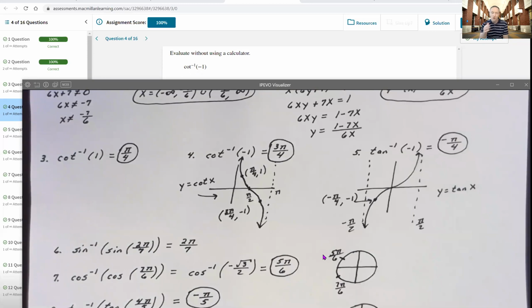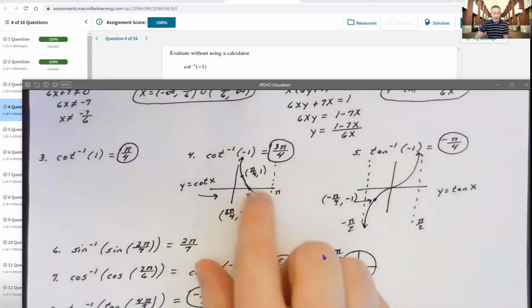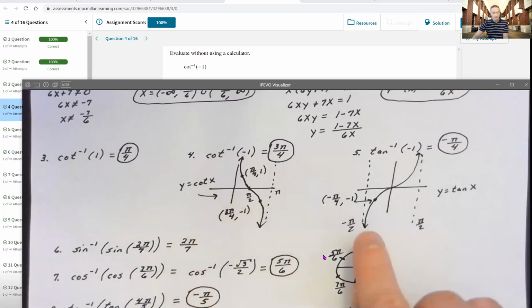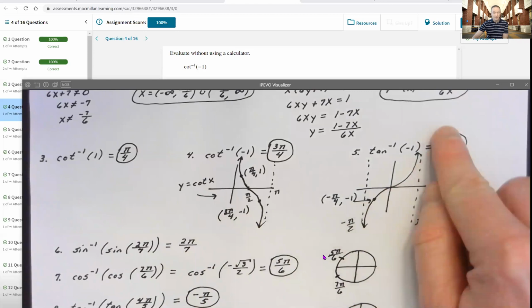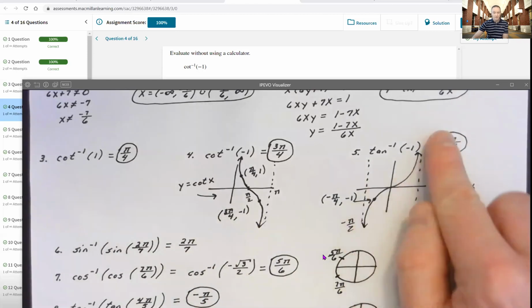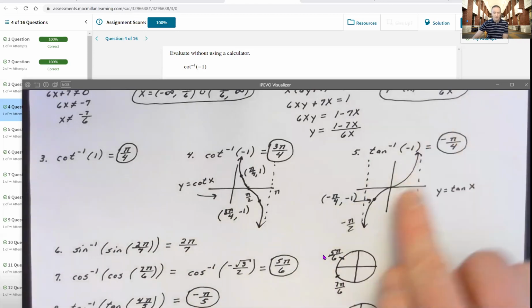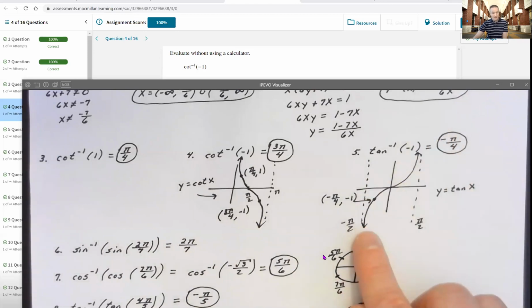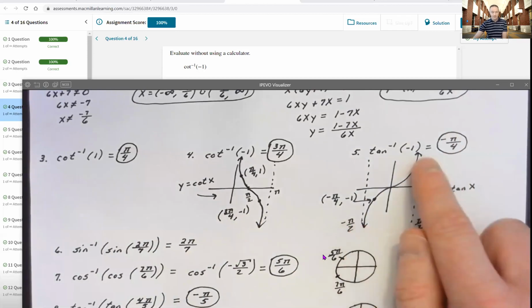Okay, so what you see here is a graph of one period of the cotangent function. Unlike the tangent function that kind of looks like x cubed from negative pi over 2 to pi over 2, it's going off towards infinity as x approaches pi over 2 from the left, and negative infinity as x approaches negative pi over 2 from the right.